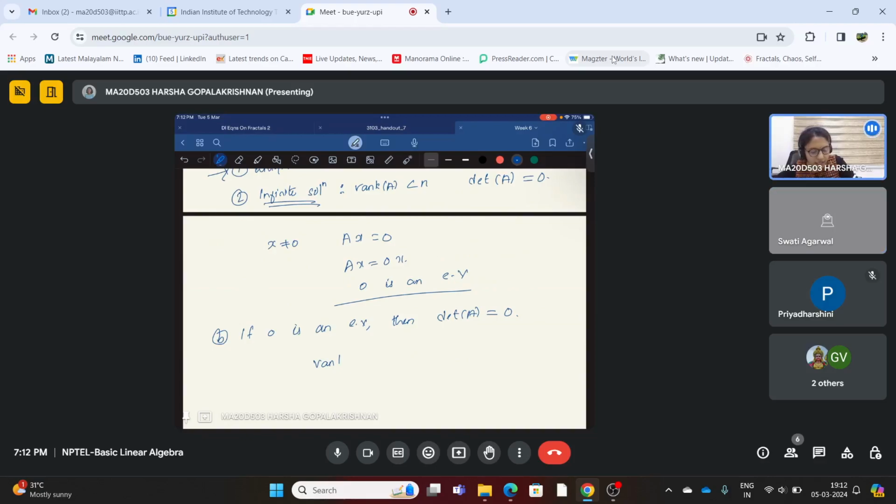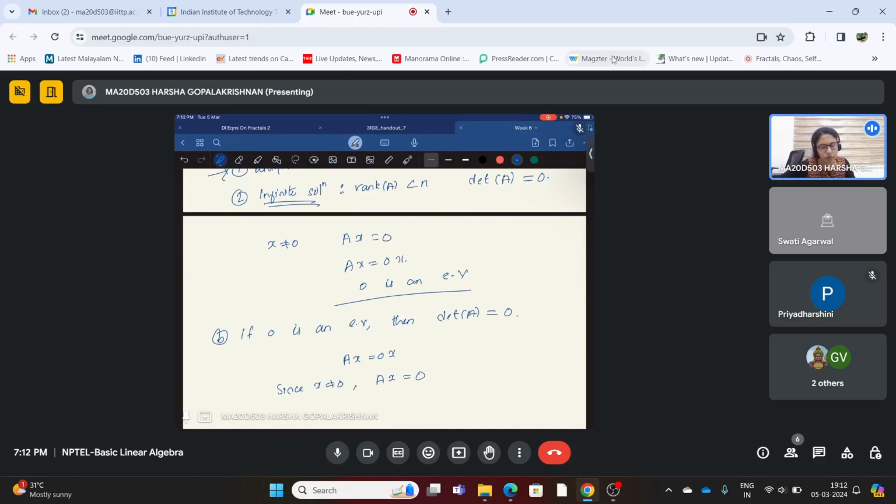How can we write it? We can start with Ax equal to 0x because 0 is an eigenvalue. Since x is an eigenvector, x is not equal to 0. So Ax equal to 0 with x not equal to 0.